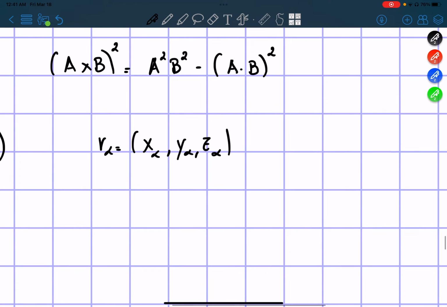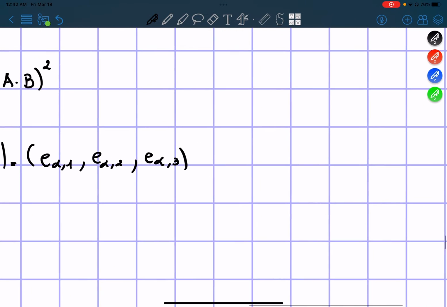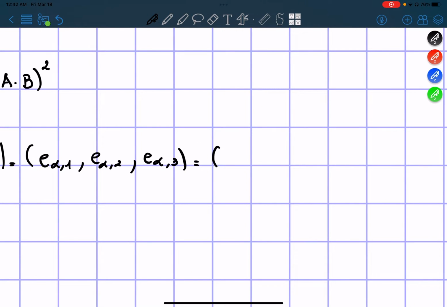Or written in a different way, we can have e of α1, e of α2, e of α3. Or like the book does, it always uses x, so x of α1, x of α2, x of α3.